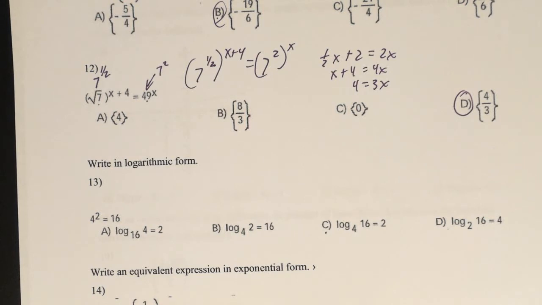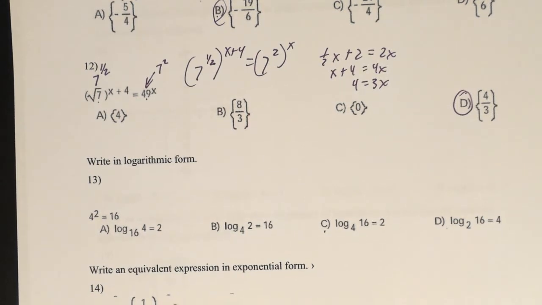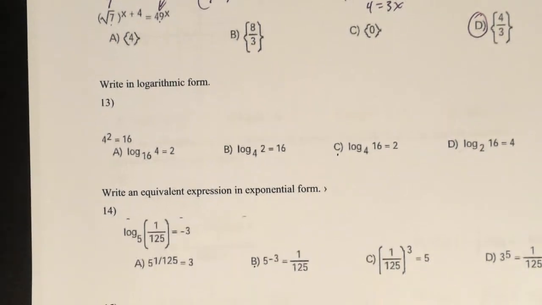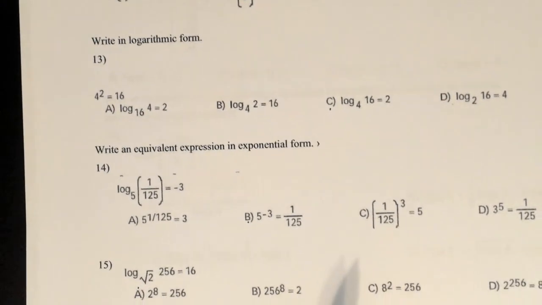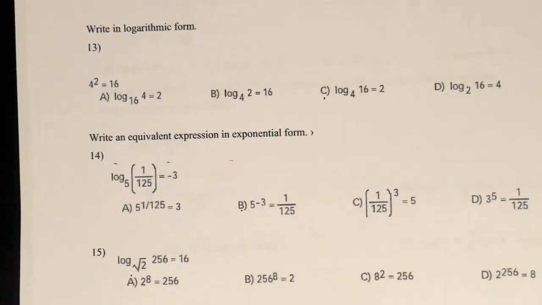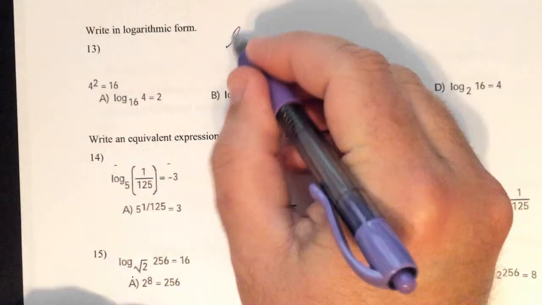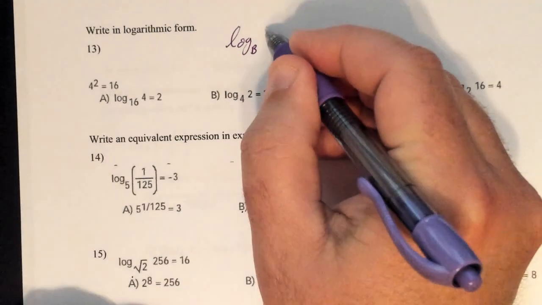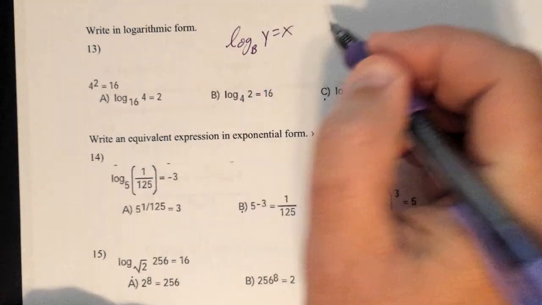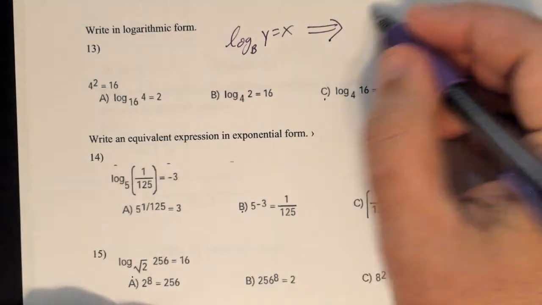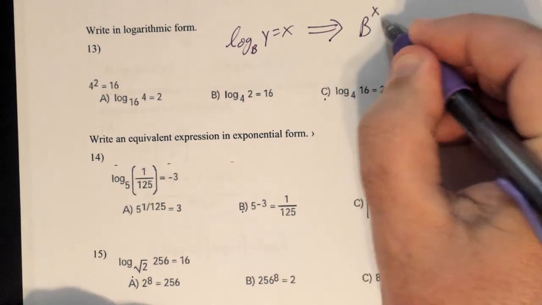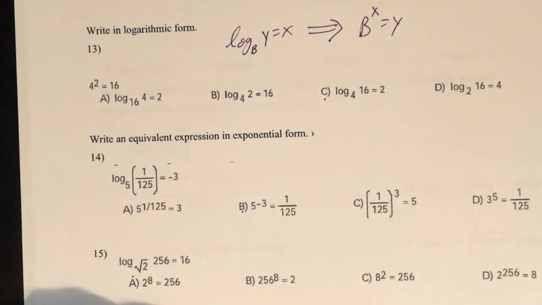Alright, so 13, 14, and 15. The rest of this page is just writing them in different forms. So remember, log form, log base b of y is equal to x, is the same as saying b to the x is equal to y. So I can do this in both directions.